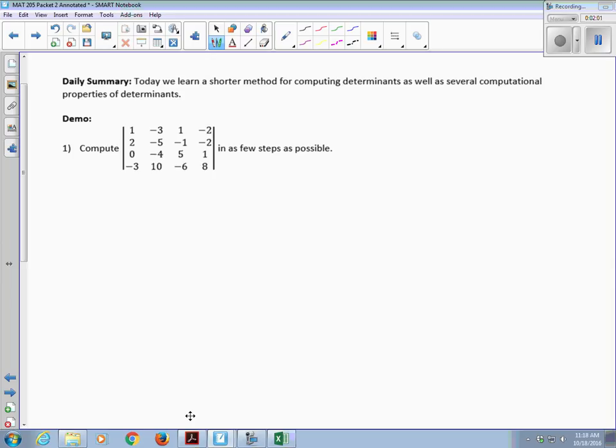So I start with this, and first thing I want to do is work down the first column. I want to knock out everything underneath the 1, right? So my first step here is going to be, actually I'm going to use an equal sign because I'm talking about the determinant of these things, right?